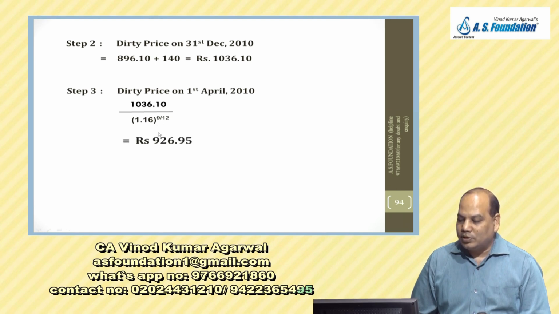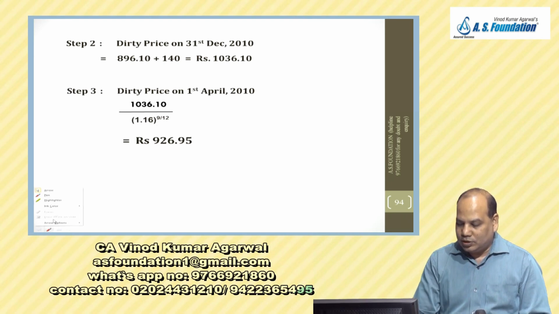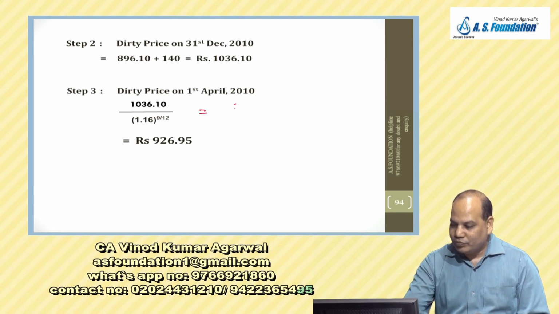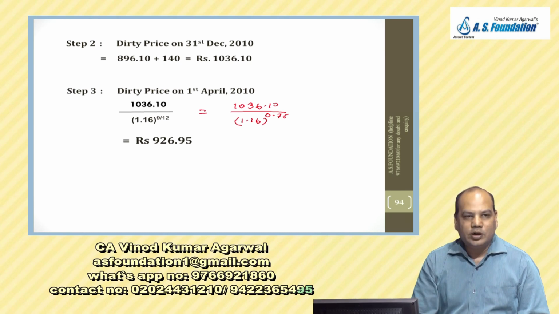So now you are in trouble. 1.16 to the power 0.75. Yes or no? Do you know how to solve? Some students are now thinking how to solve this. 1036.10 upon 1.16 to the power 0.75 you are getting. How to solve power in fraction?